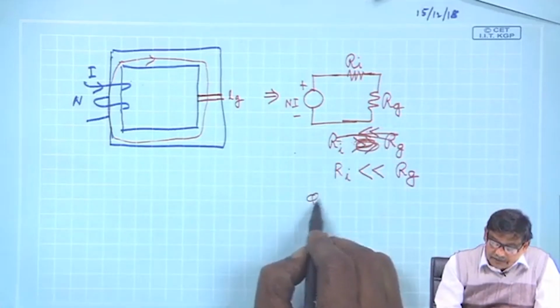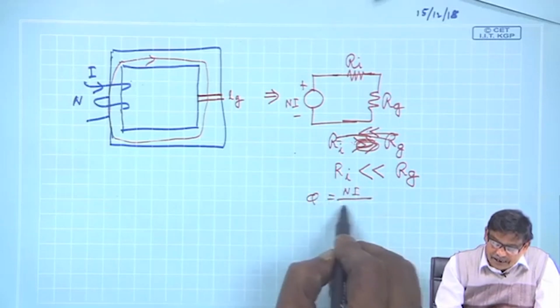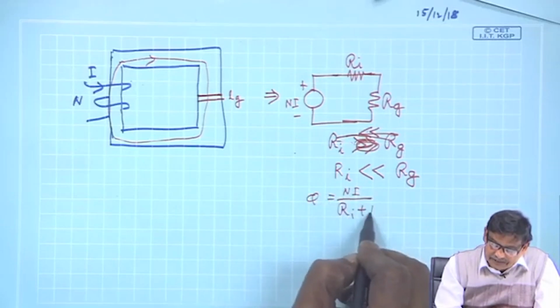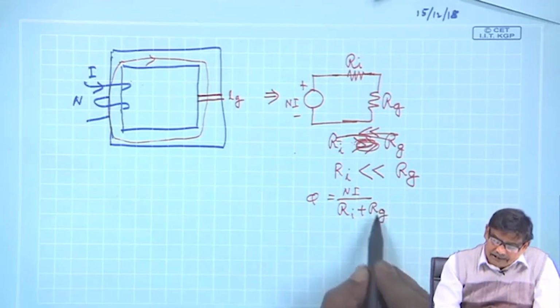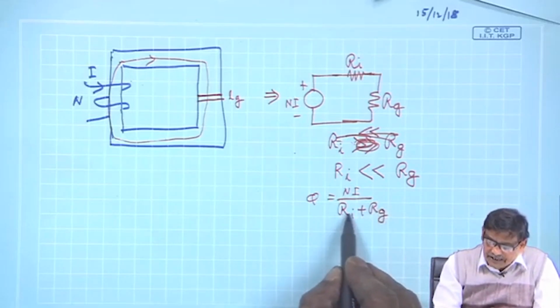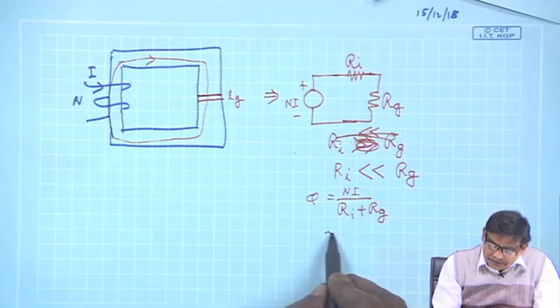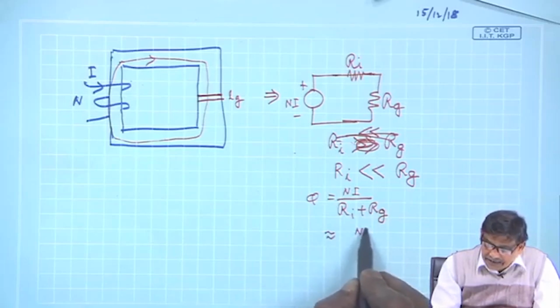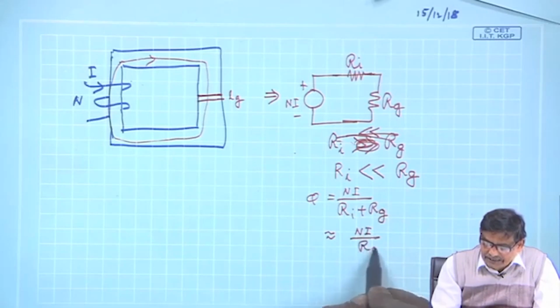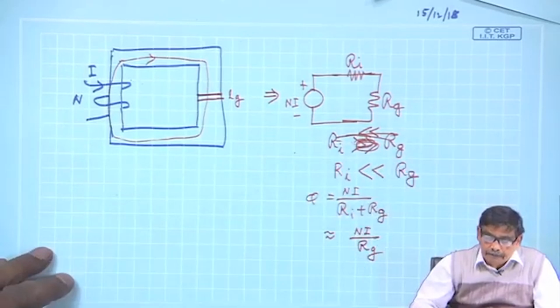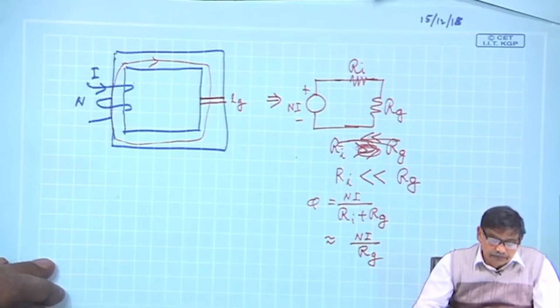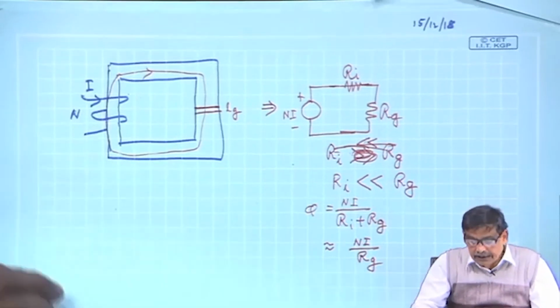Strictly speaking, this flux will be MMF divided by the reluctance of iron plus the reluctance of gap. But the reluctance of gap is very high compared to Ri, so whether you add Ri or not, it is simply like this. That is the meaning of that assumption. So, all the MMF will be dropped across the air gap.